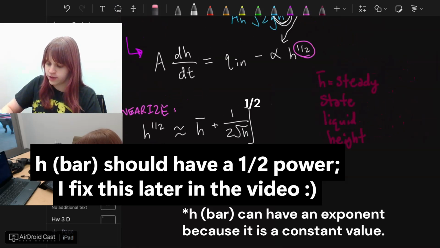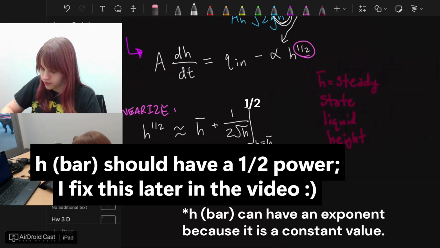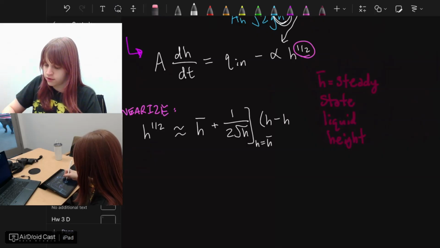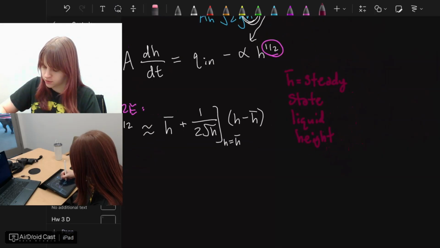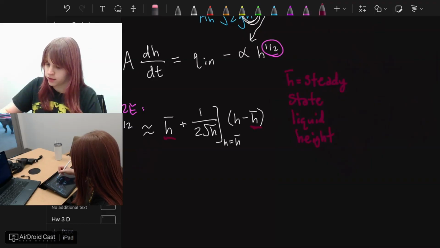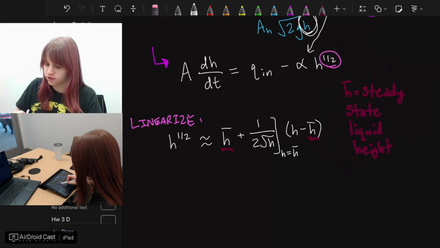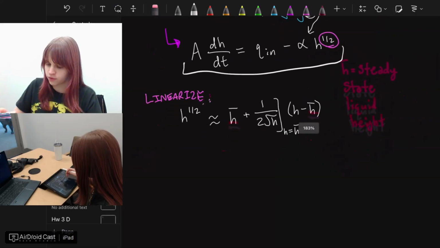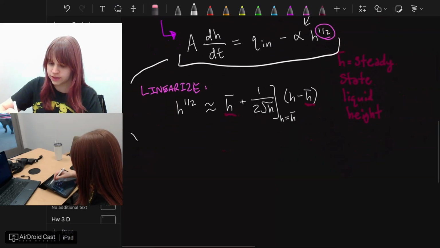This is evaluated at h is equal to h bar, and then we multiply by the difference of h minus h bar. And then, like I said, this h bar is the steady state liquid height. And now we can also approximate this equation. We made it so that it could be linear.